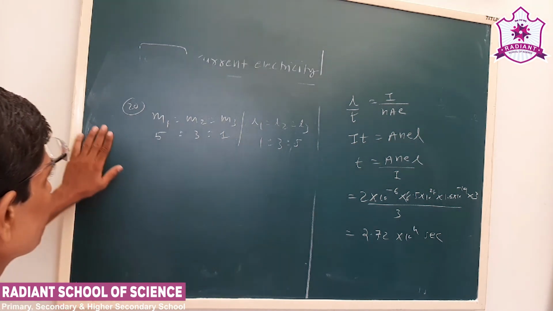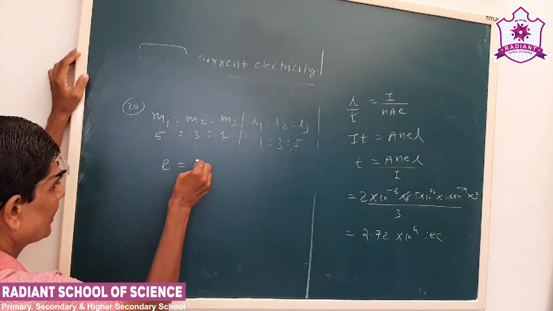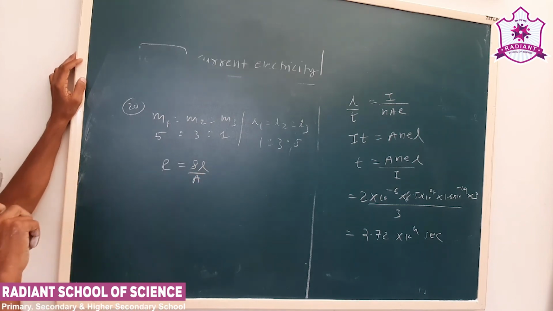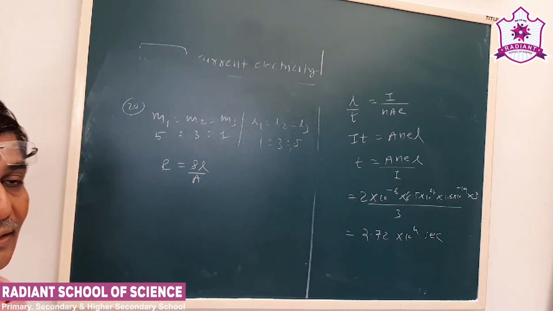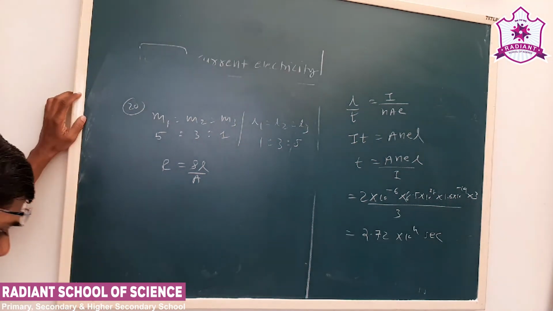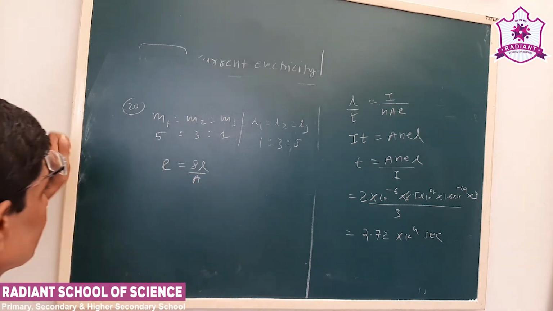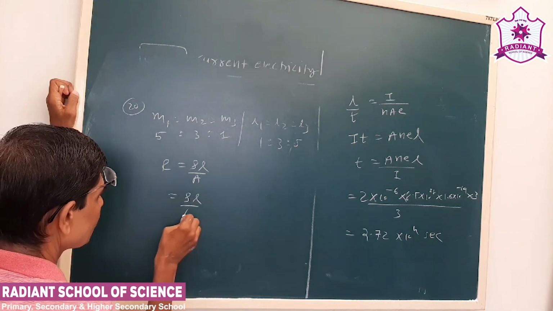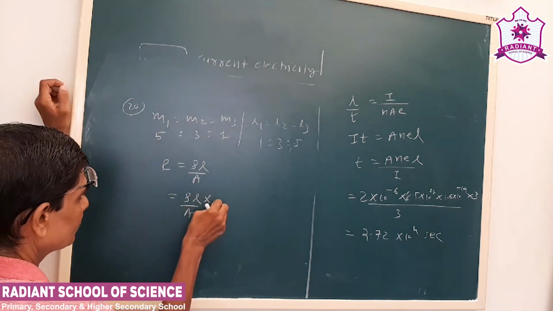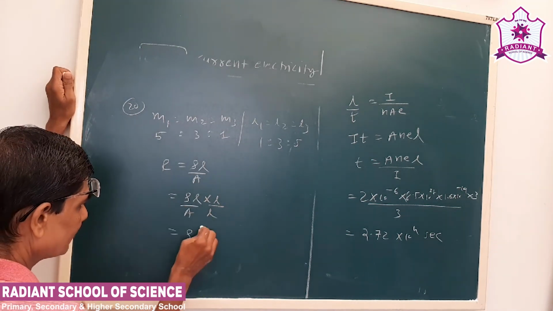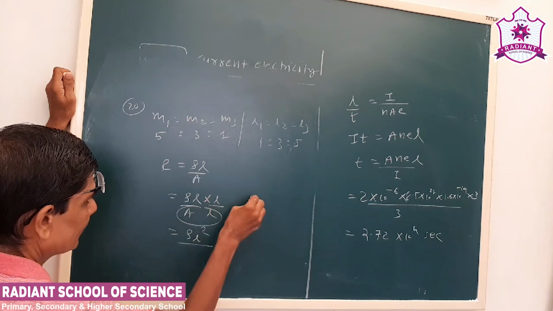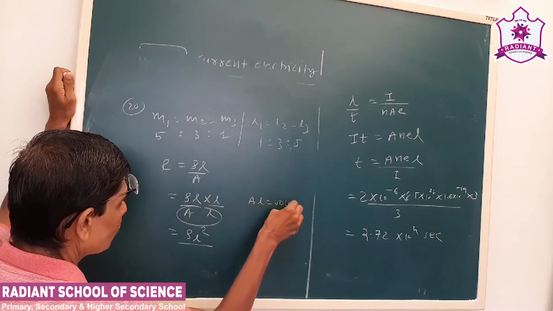Now see, the formula of resistance: R is equal to rho L by A. Here we have to obtain the value of the resistance in terms of length and mass. So I multiply by length on both numerator and denominator. So it will be rho L square upon area into length, which is volume.